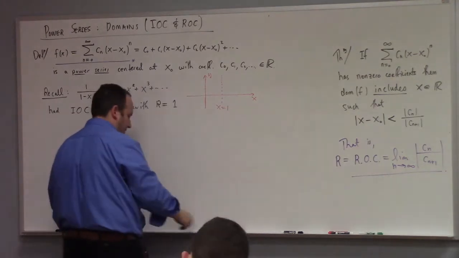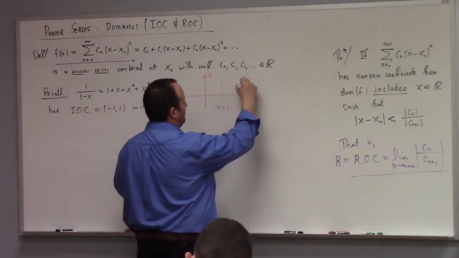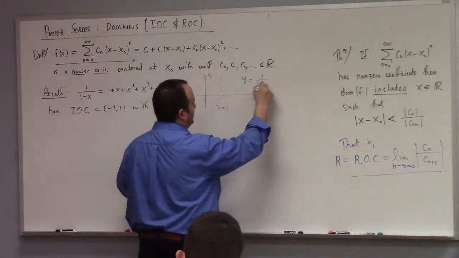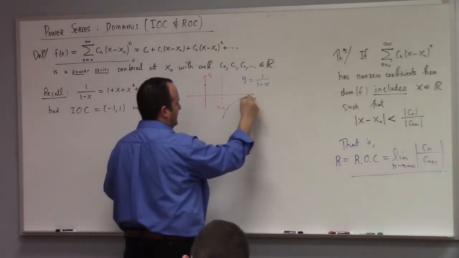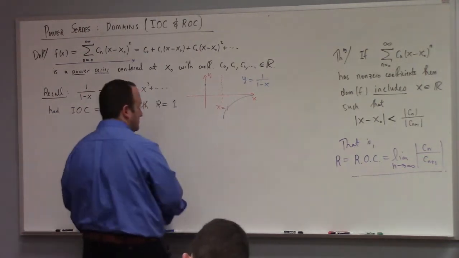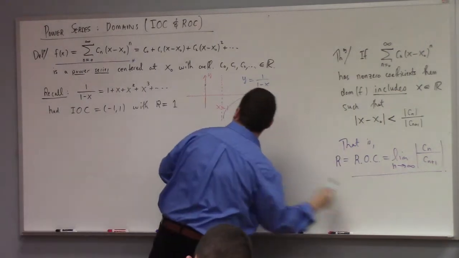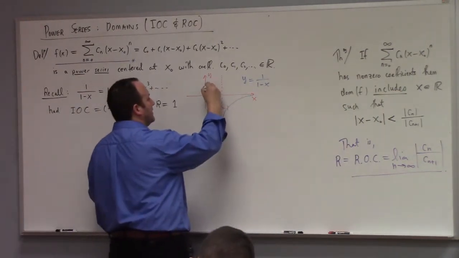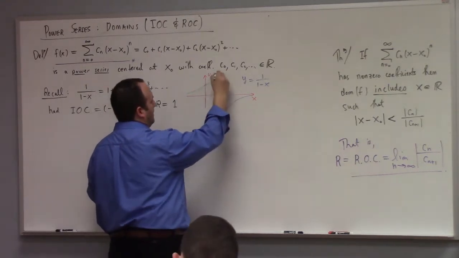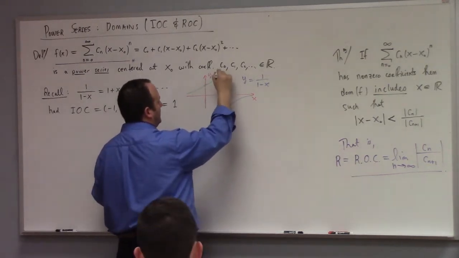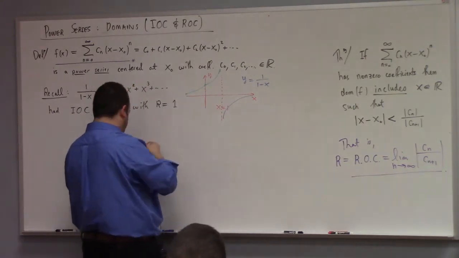And I mentioned that this function, y equals 1 over 1 minus x, looks like this. I mentioned that we're only able to get so far, up to here, minus 1.